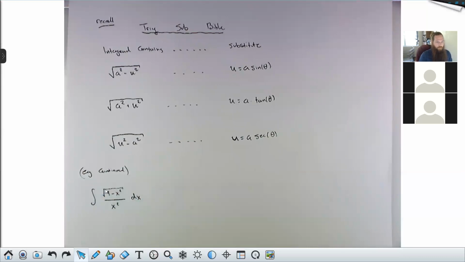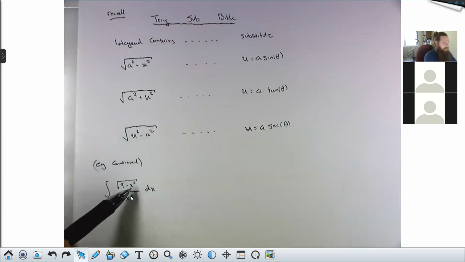I do have a square root of a quadratic here, so it looks like something from my trig sub Bible. I should ask if I could get away with a u sub instead. Could I sub for the inside of this radical, 9 minus x squared? No trig sub, just u equals 9 minus x squared. Well, that would mean I have to have a 2x, or at least an x, upstairs that I could cancel with the differential. And since I don't have that, I got to do the trig sub.